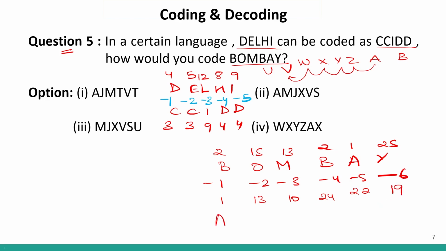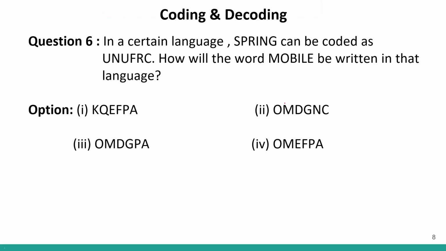So 1 is for A, 13 is for M. Correct? 10 is for J, 24 is for X, 22 is for V, and 19 is for S. So my code is AMJXVS, and this is given in option number 2. So option number 2 will be the correct answer to this question. Okay? Moving on to question number 6.